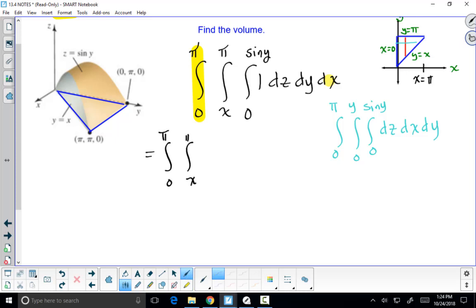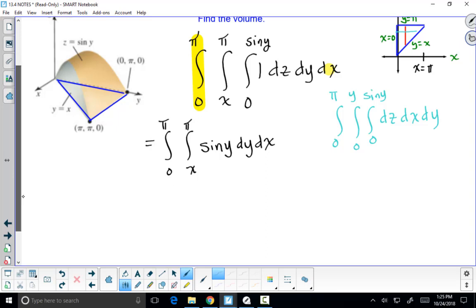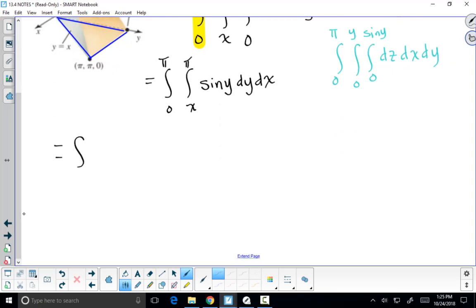All right, so let's just go through it then. So first two integrals are that. Now the z, there is no z in here, so we just get the length of the interval, which means the upper limit minus the lower limit, sine of y minus 0. Then we integrate that with respect to y and get minus cosine of y from x to pi.